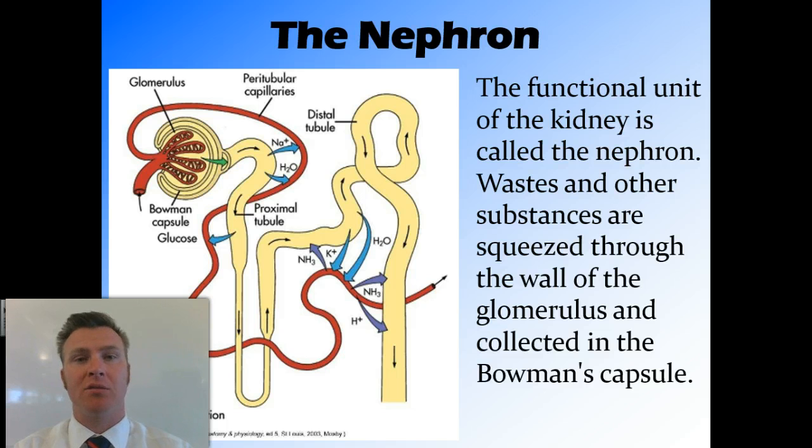So red blood cells can't fit through the wall, but little things like salt, water, urea, all those little molecules can get squeezed out of the glomerulus. Then it gets caught in the Bowman's capsule and is collected.